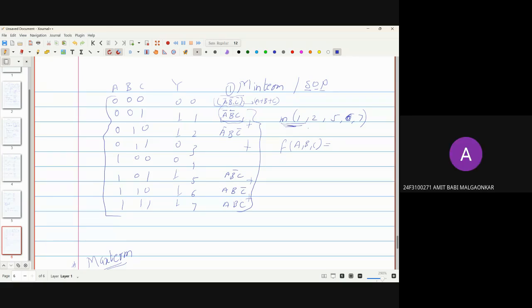So, when we are drawing the K-map, the first values which we put in are the min-term values, and after simplification, what we get is the simplified expression of the function.